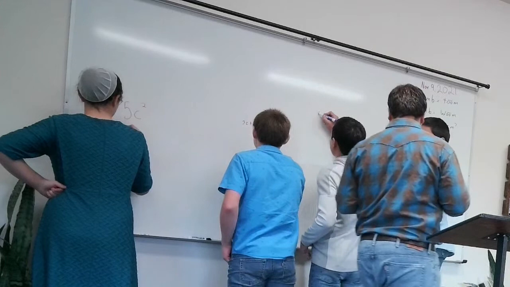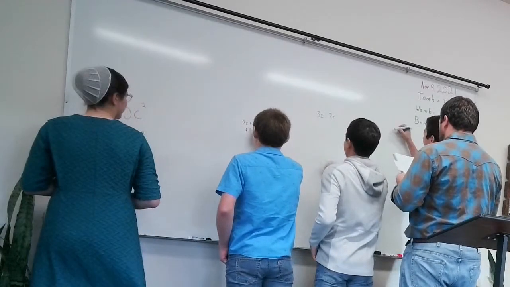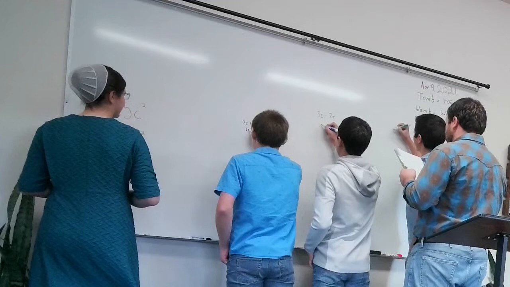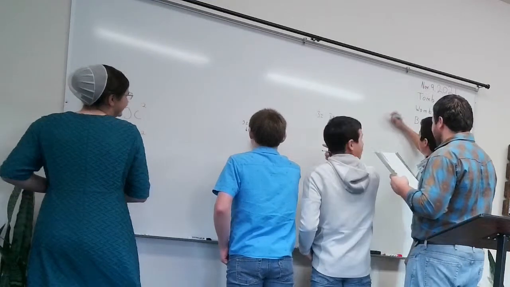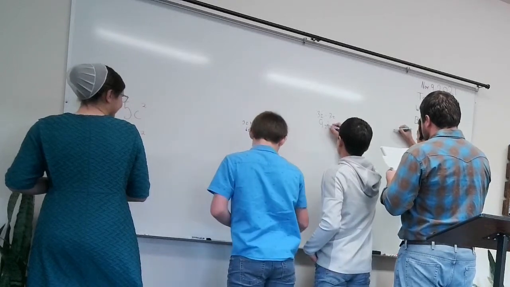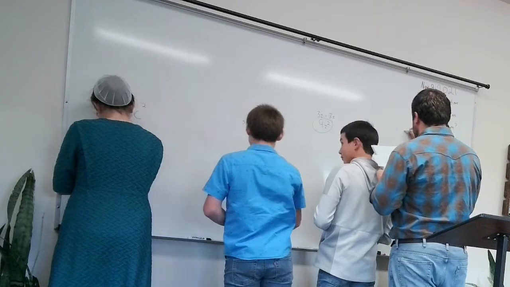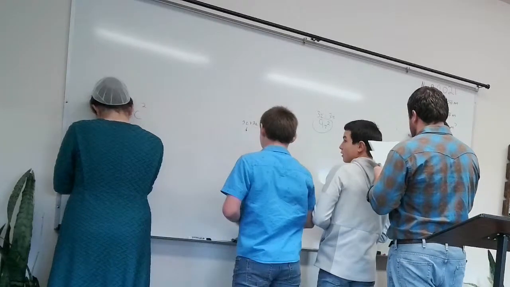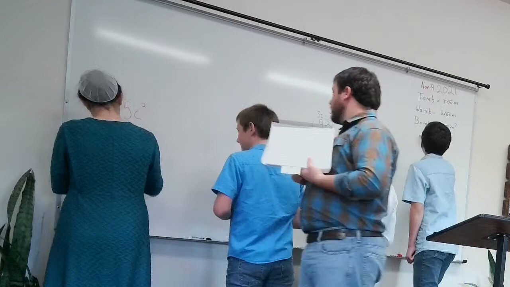Yours is 6 times. Is mine more like x cubed times 2y? I don't think mine is right, just for the record. I think it's right. Okay, yeah, it looks nice.